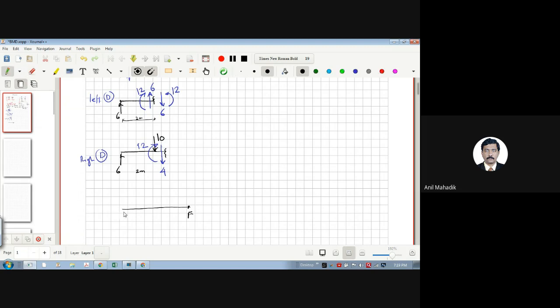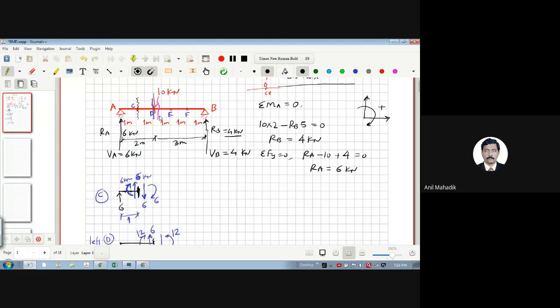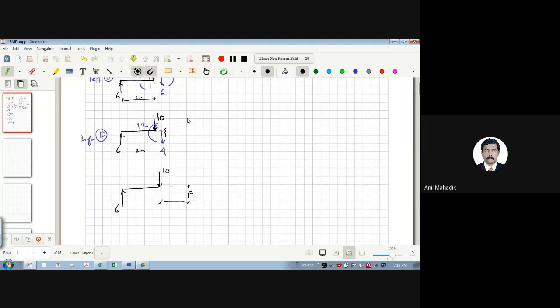So we know that there is a force here, which is 6. Then there is a point load over here, 10. And how much is the distance from here? From point load, F is at 2 meters. So this is 2 meters, and this is also 2 meters till the point load. I think so. Yes, 2 meters.